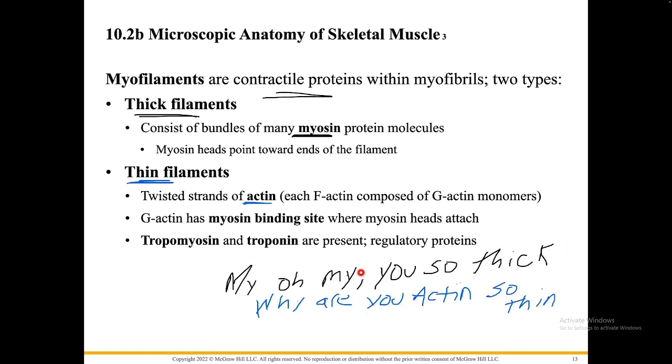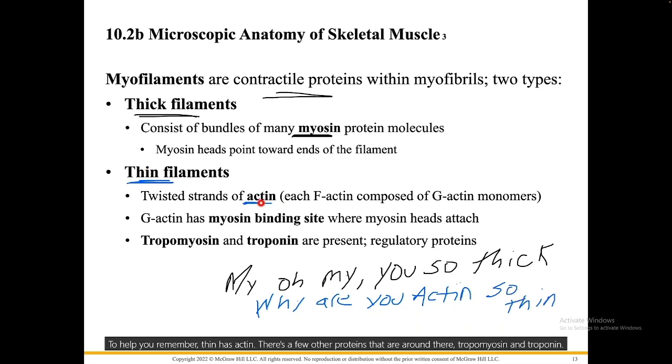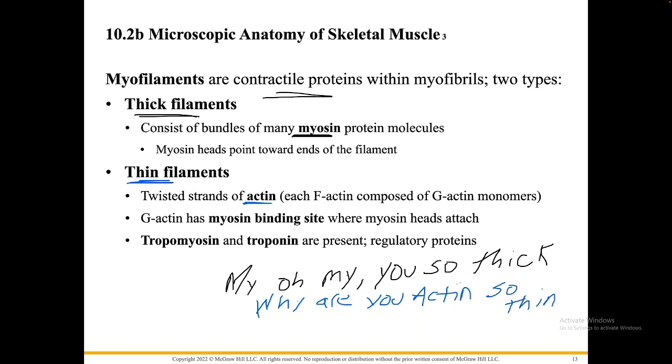My oh my, you so thick, because myosin goes with thick. My oh my, you so thick. Why are you actin so thin? To help you remember, thin has actin. There's a few other proteins that are around there. Tropomyosin and troponin. We'll see those on the next slide as well. But the big one from this one, thick and thin filaments are the main contractile proteins.